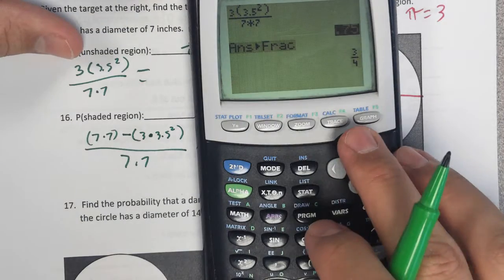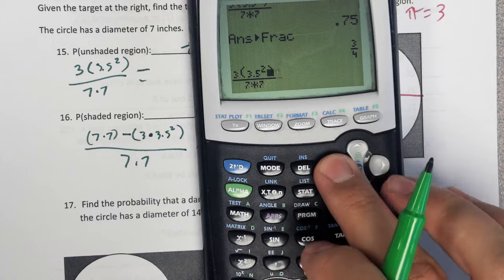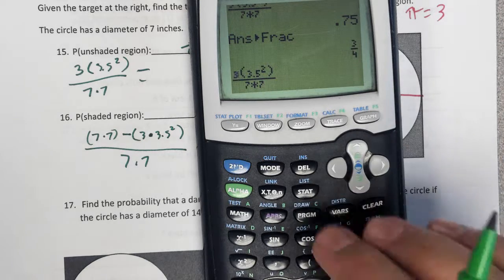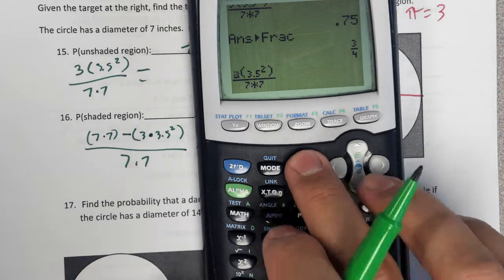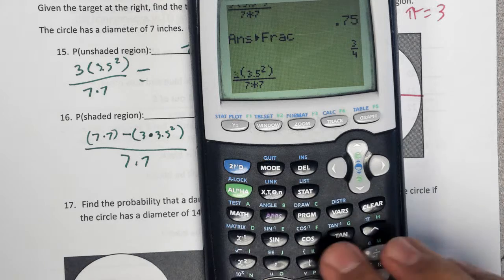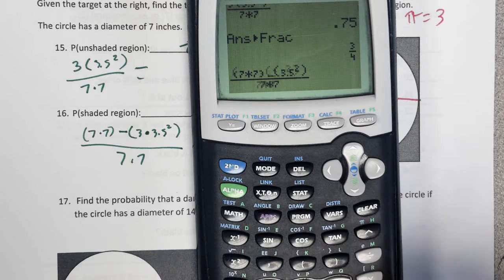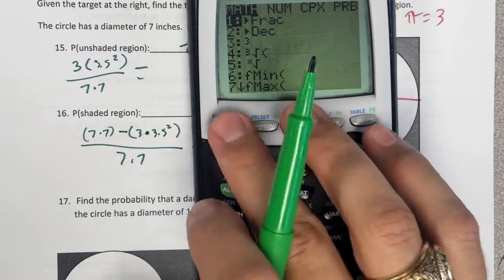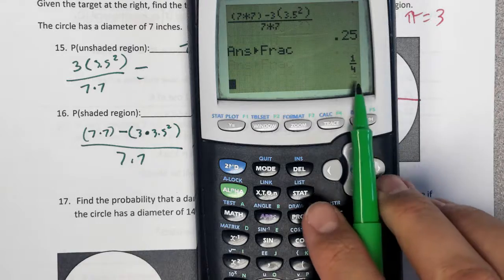What we can do is go up here, and before this, I'm going to insert. You don't have to do this. It's not going to be as hard on the test. Insert 7 times 7, close the parentheses, minus like that. 0.25, math, fraction, 1/4.